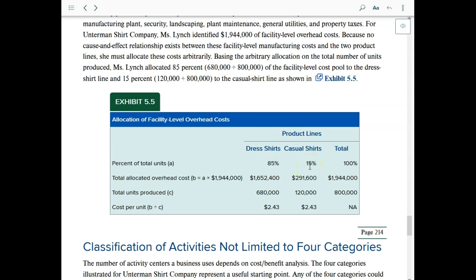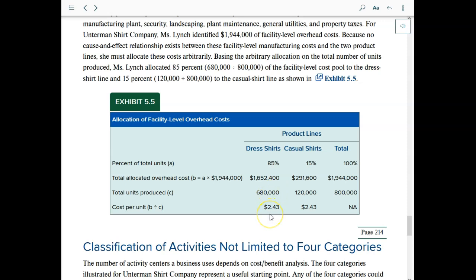They don't explain why, but those are just her numbers given to us. So 85% times 1,944,000, 1,652,400. 15% times this, 291,600. We've allocated the total facility level cost between these two different types of shirts.